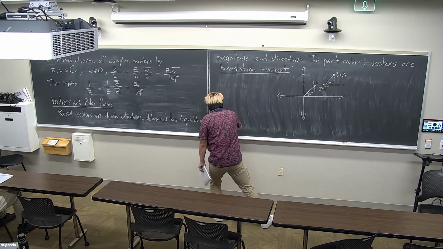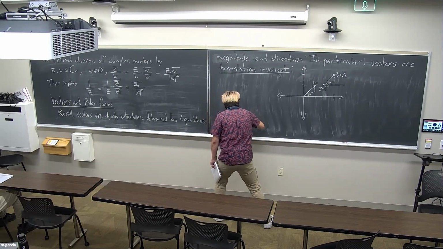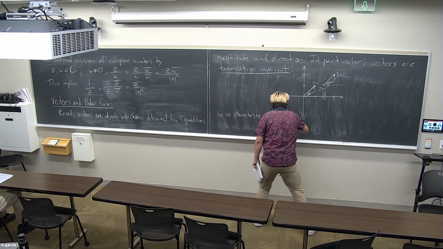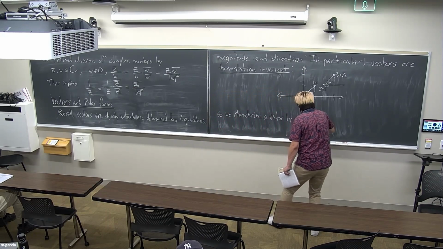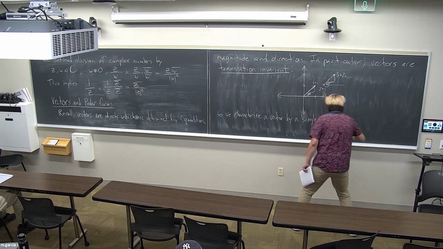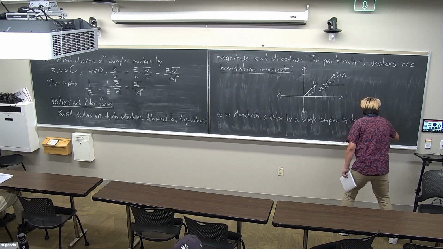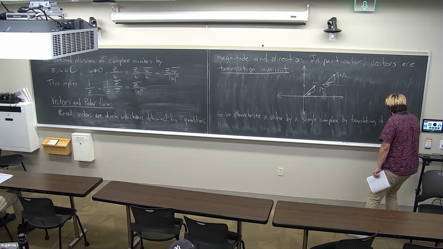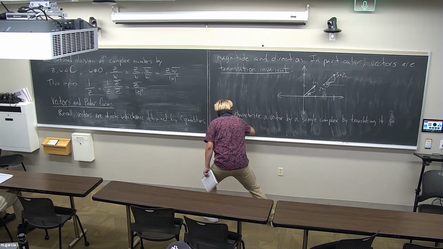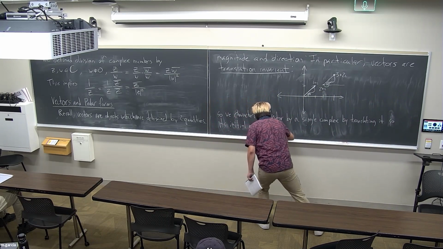So what this means is we can characterize a vector by a single complex number by translating it so its initial point is the origin.